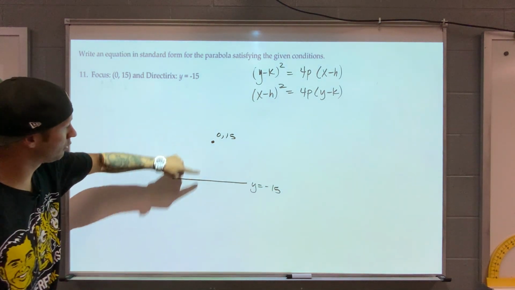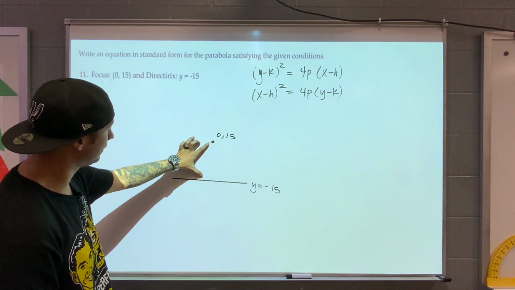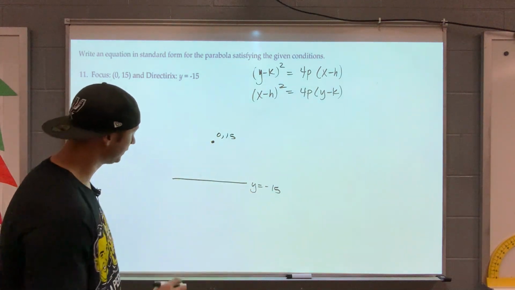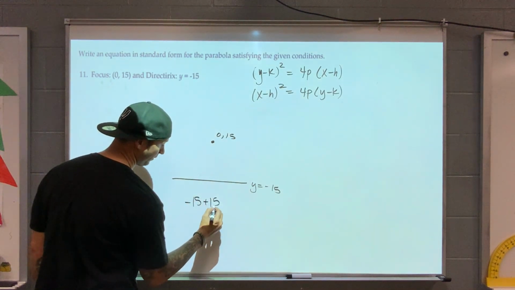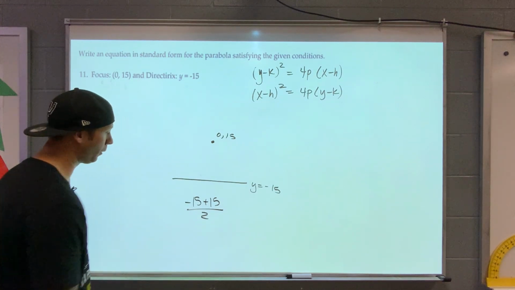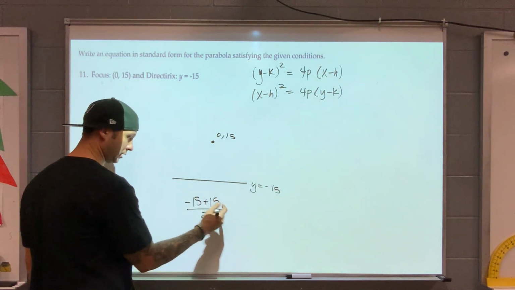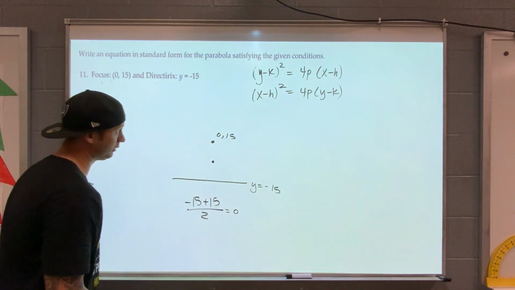Okay. Focus, directrix. This distance is going to be, so -15 plus 15 divided by 2. Get the midpoint. Okay, this is working out very convenient. This is going to be 0. So halfway would be 0.